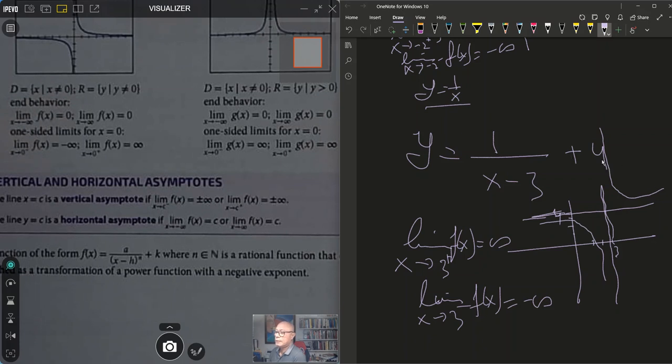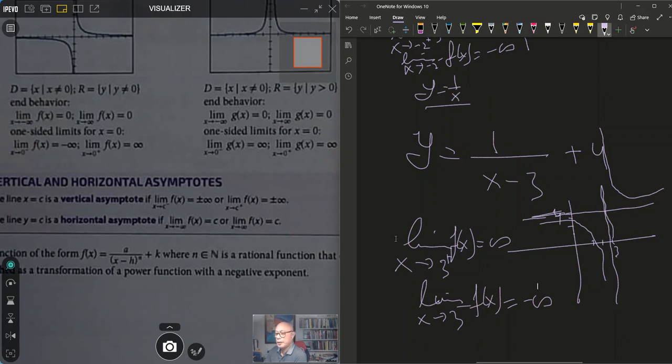On the other side, 4 is the horizontal asymptote. Why? Because when x goes to negative infinite, the function goes to 4, and when x goes to positive infinite, the function also goes to 4.